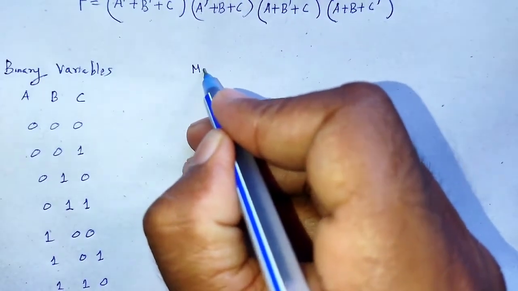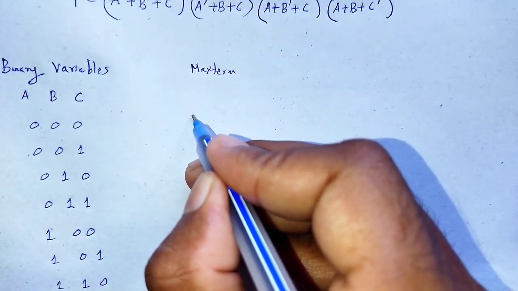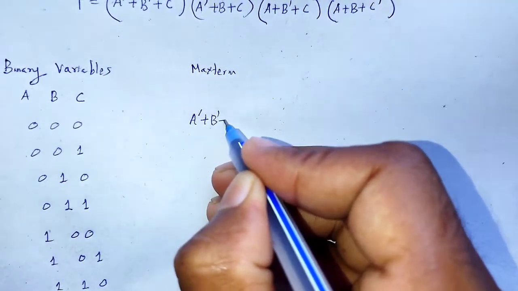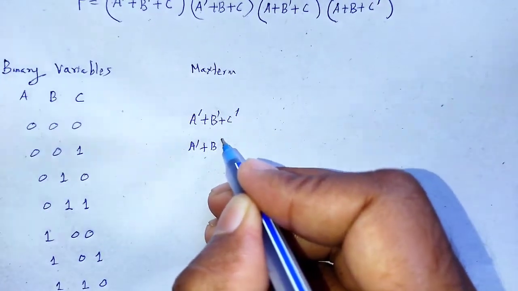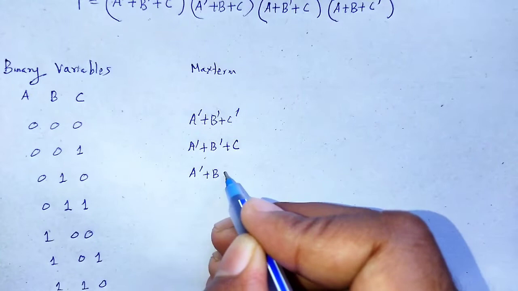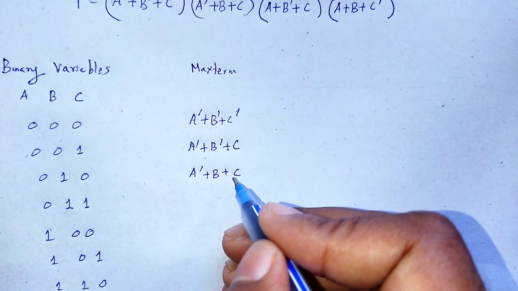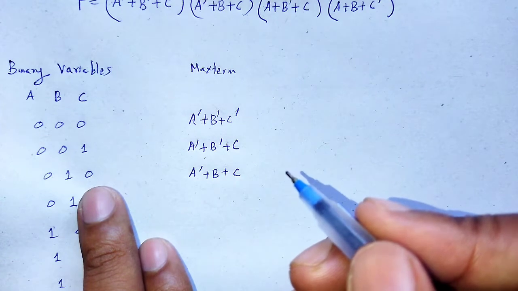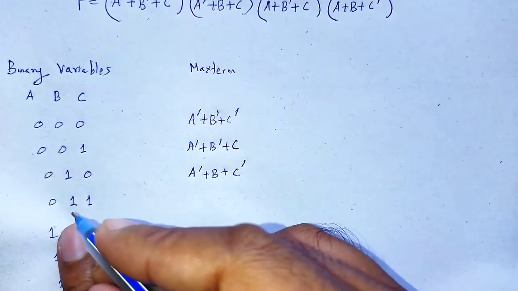In Maxterm, for 0 we write a bar plus b bar plus c bar, a bar plus b bar plus c, a bar plus b plus c.